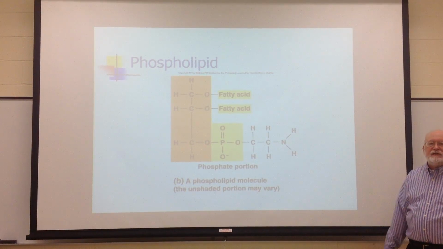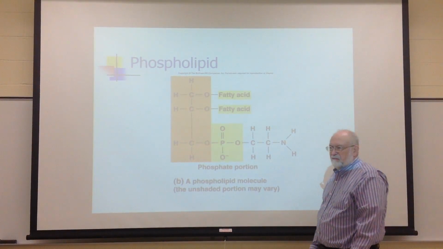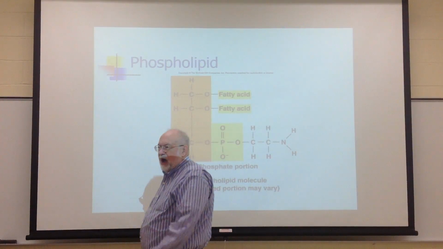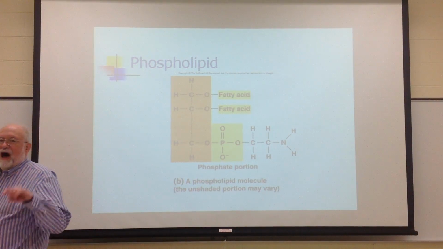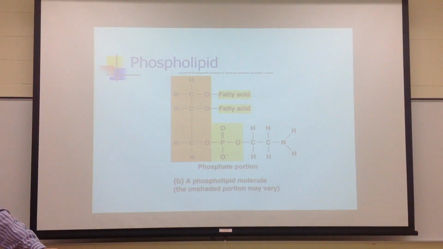Now, what elements do you see here? Carbon, hydrogen, oxygen, nitrogen, and phosphorus, right? At a minimum, carbon, hydrogen, oxygen, phosphorus. Sometimes nitrogen.